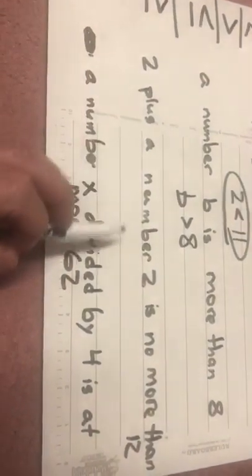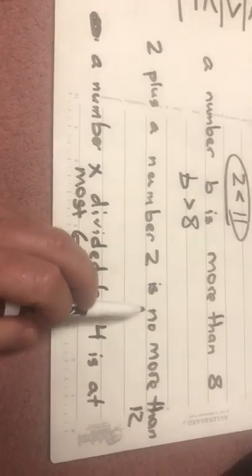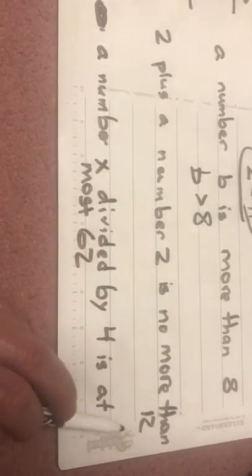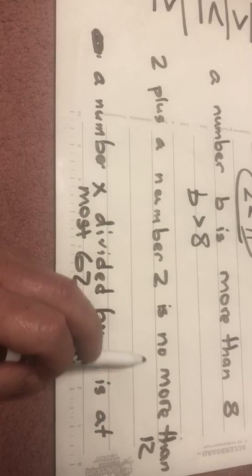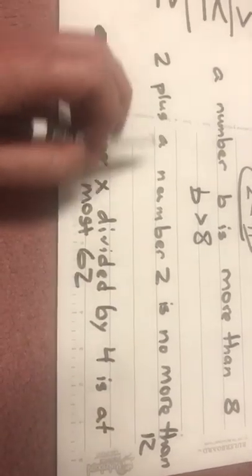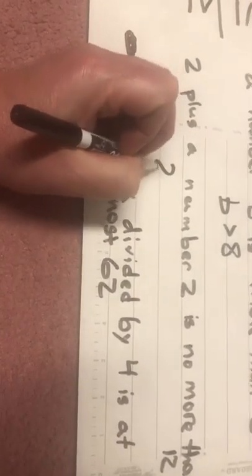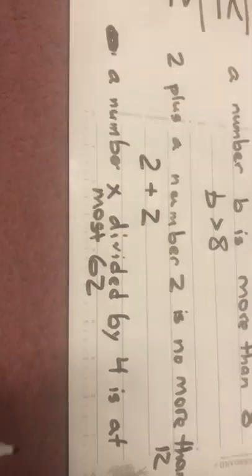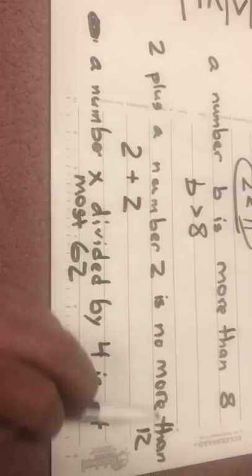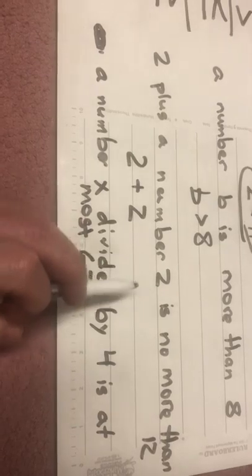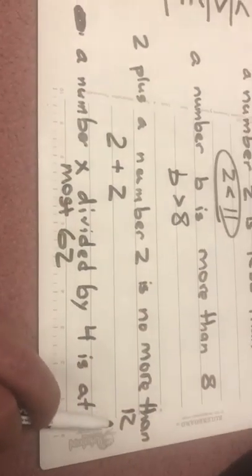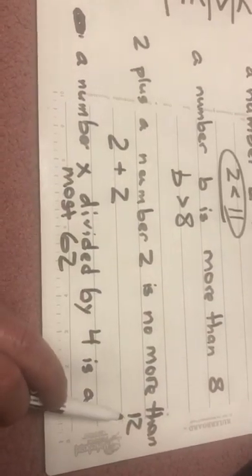The next one is 2 plus a number z is no more than 12. Well, first of all, 2 plus a number z. So we want 2 plus z. It says is no more than. Well, it can equal 12, but it can't be more than 12.